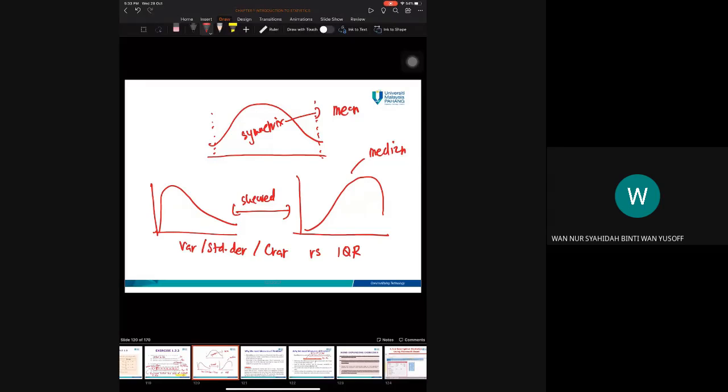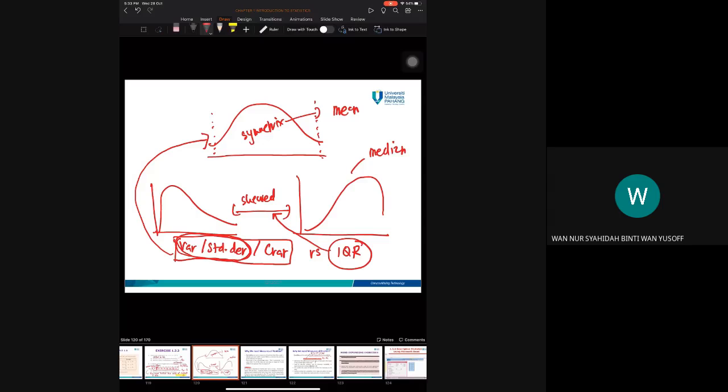These three are best to use when we have symmetric data, and IQR is best to use when we have skewed data. When we have the same variable, we go to these two. If we compare the same variable for the data set, we go to these two. CVR is only for different data sets.